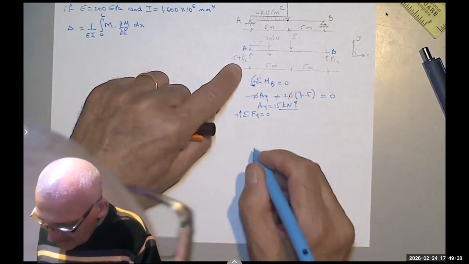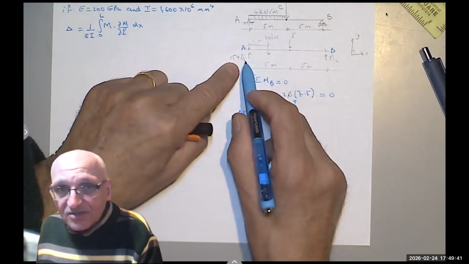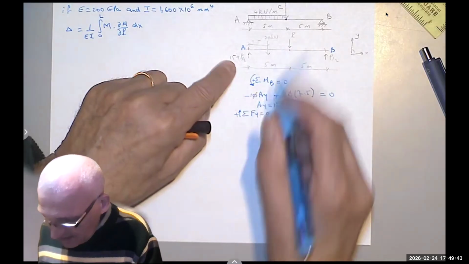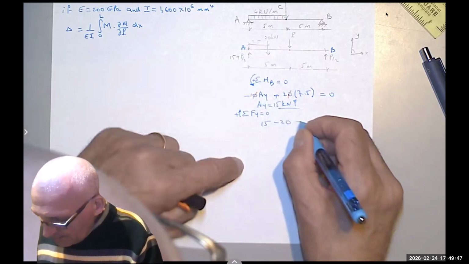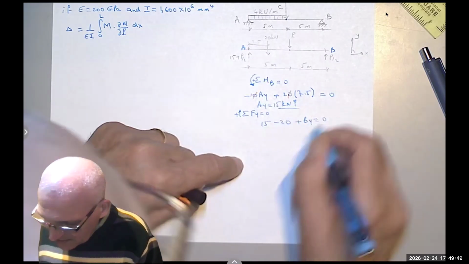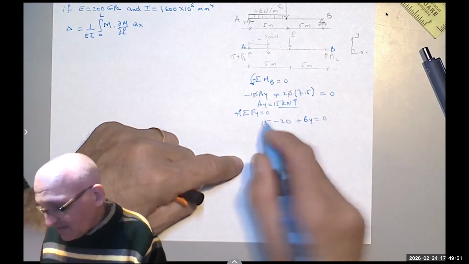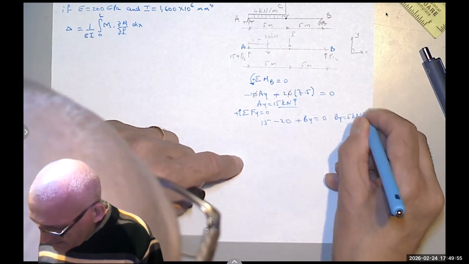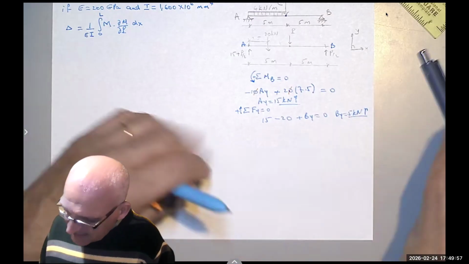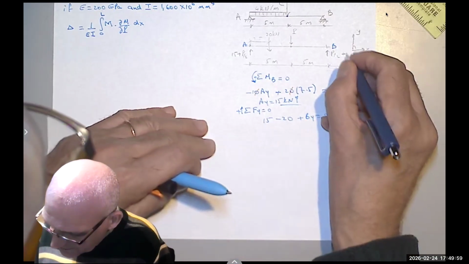Again, I'm not going to worry about the P's. I'm going to say 15 going up, minus 20 going down, plus BY equals 0. 15 minus 20 is negative 5, move it to the other side. BY equals 5 kilonewton, positive meaning it's up. So that's plus 5.